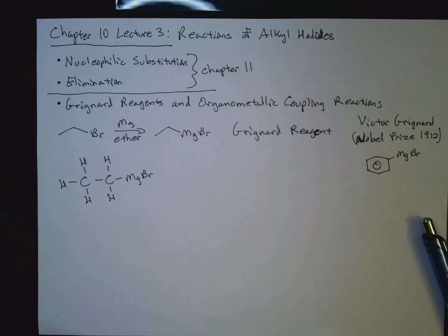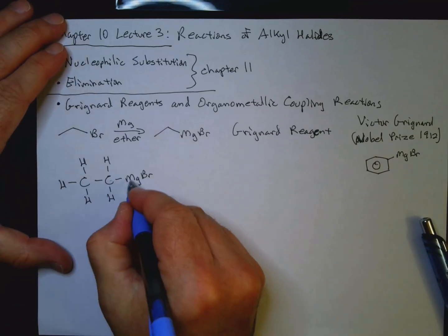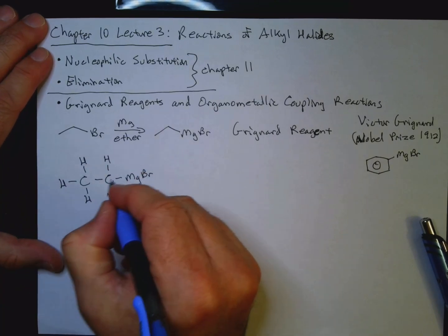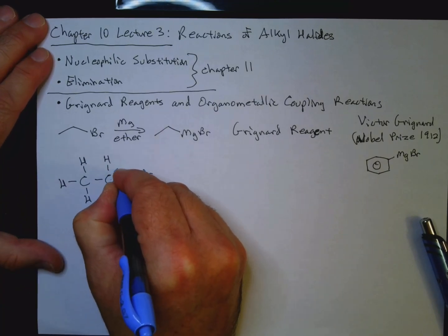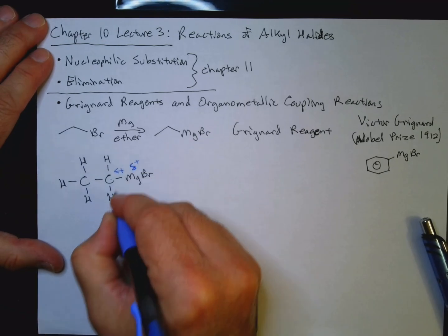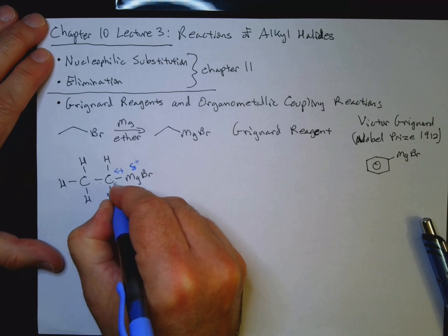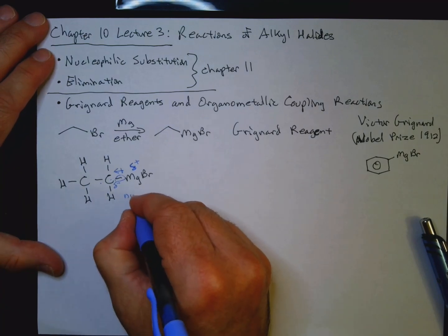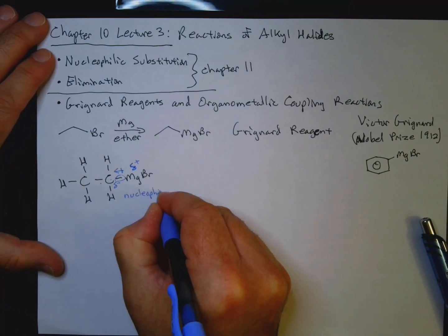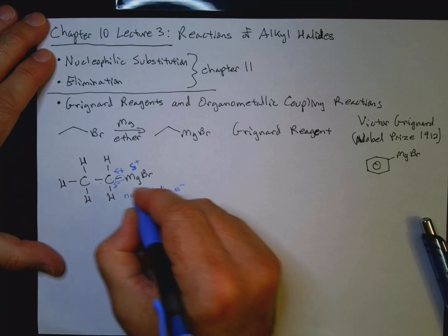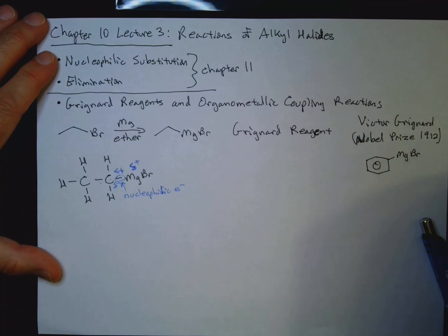So we do have a polar bond here. The carbon-magnesium bond is polar. Carbon is much more electronegative than magnesium. So we would get a delta plus where the magnesium is, and a delta minus where the carbon is. So it turns out that that bond is nucleophilic. Or rather, those electrons are nucleophilic.